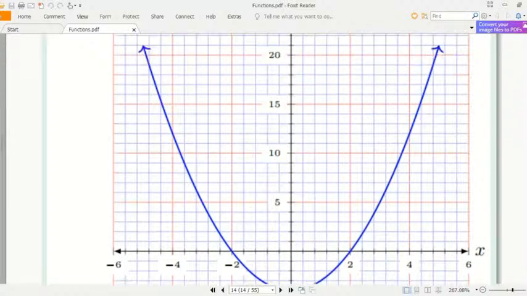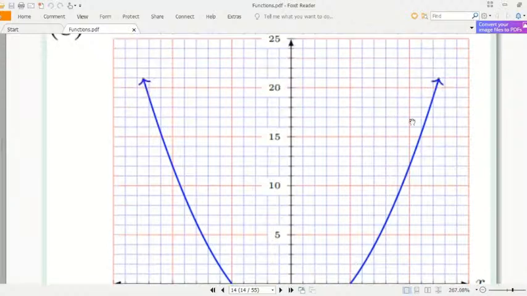What about the highest value of y? The graph is still going up. That means the lowest value is -4. The graph was continuous, so -4 is included.